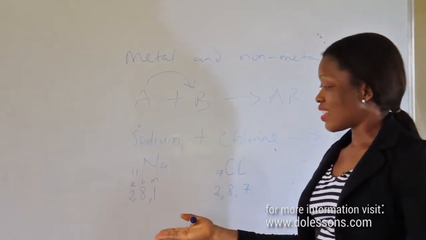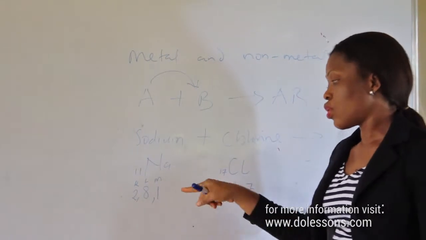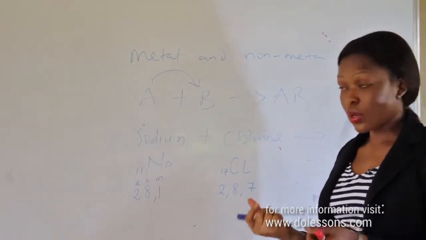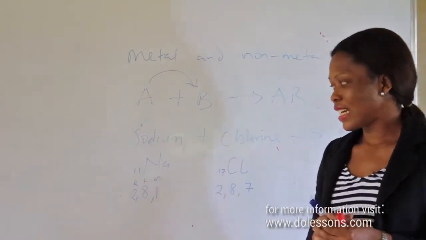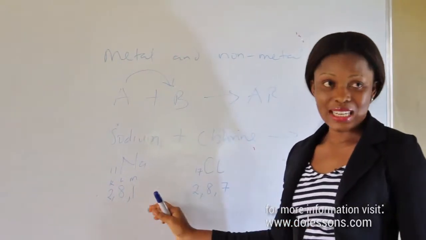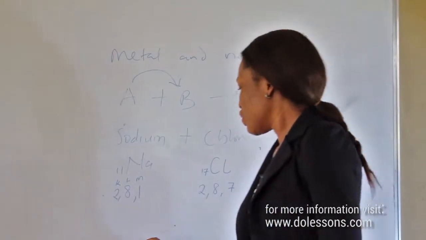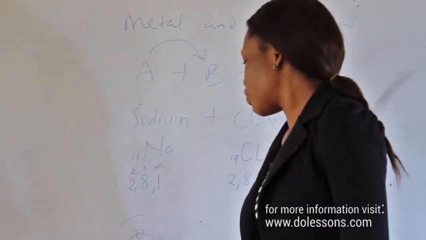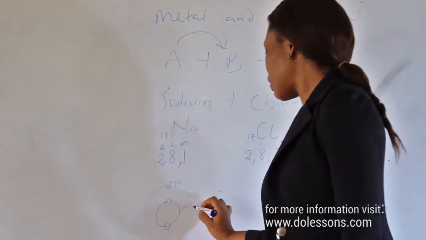Sodium, in order to attain an octet configuration, will have to give out this 1 electron, because giving out 1 electron requires less energy than accepting 7 more electrons to have 8 electrons in the outermost shell. So this is sodium with 8 electrons.